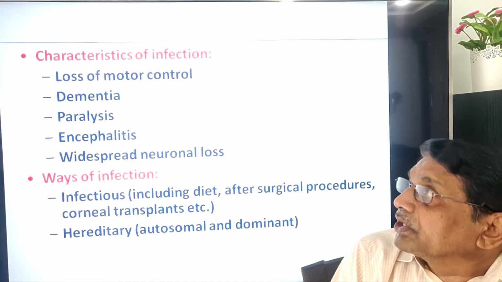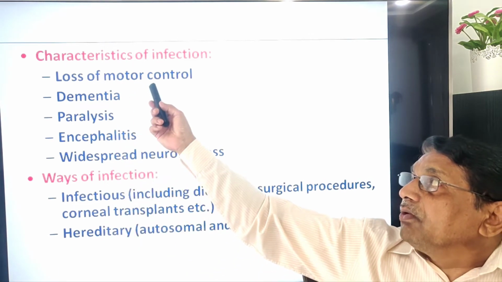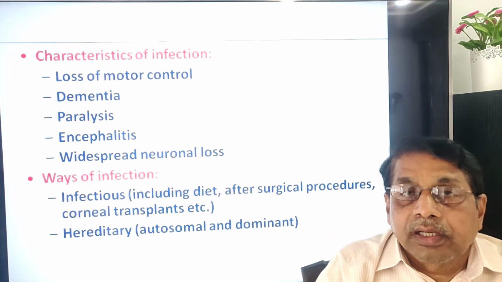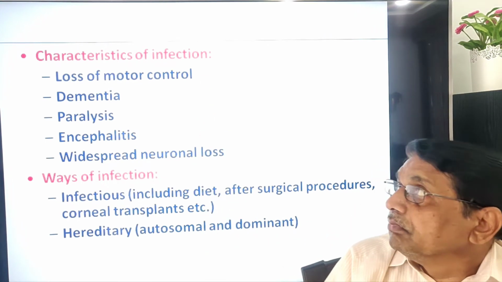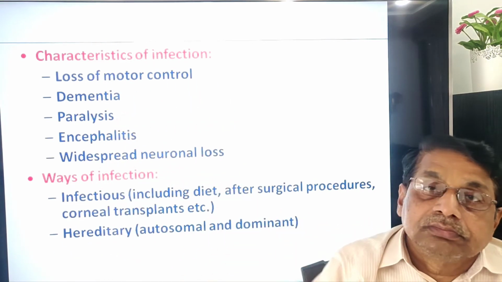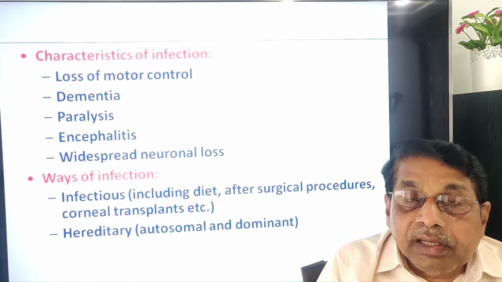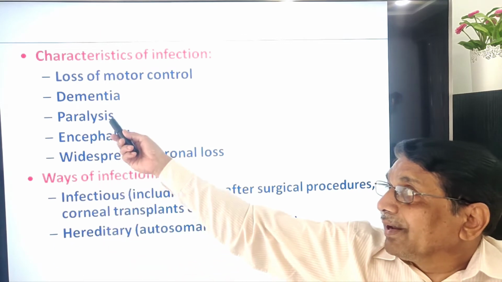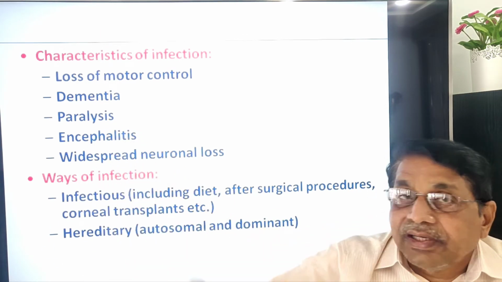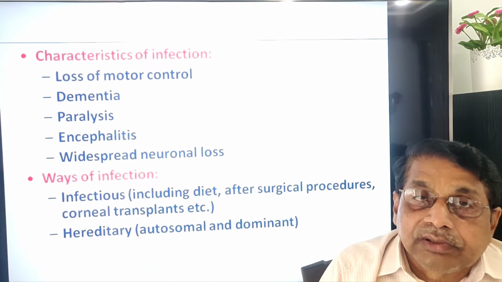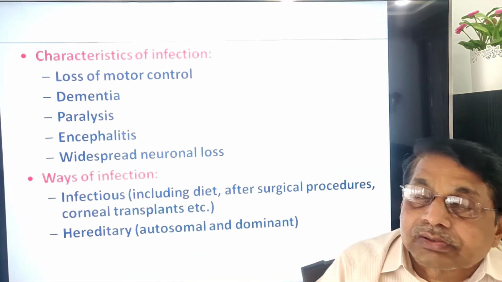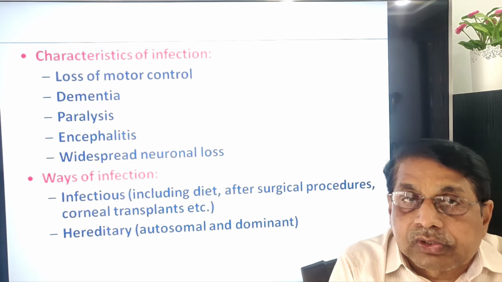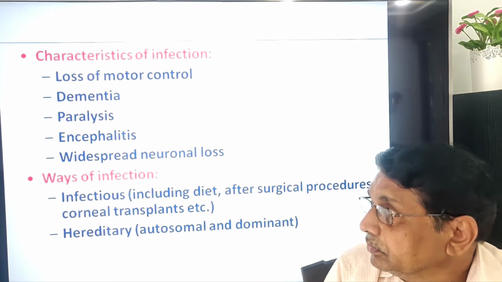Characteristics of infection: loss of motor control. They are unable to control the hands, fingers, facial expressions. Dementia, loss of memory, paralysis, encephalitis, again damage to the brain, widespread neuronal loss, nerves throughout the body.